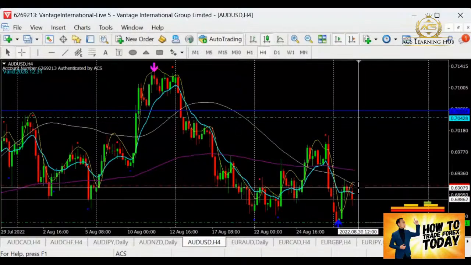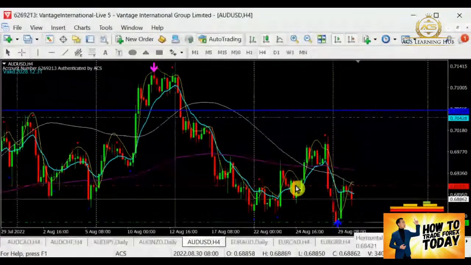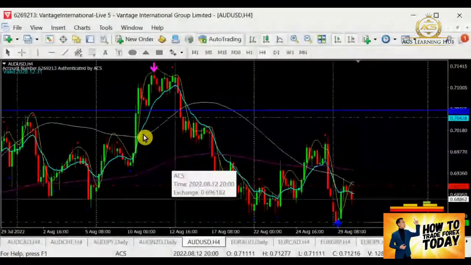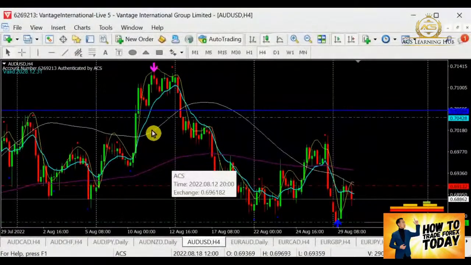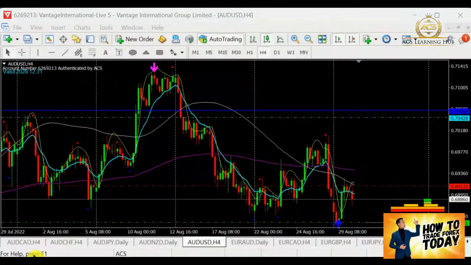Today it got rejected from the resistance, and we still have about 40 pips of selling space to test the support to confirm the direction, whether it is going for selling or buying. That will be a good one. So tentatively, let me put this Aussie dollar into my selling list.